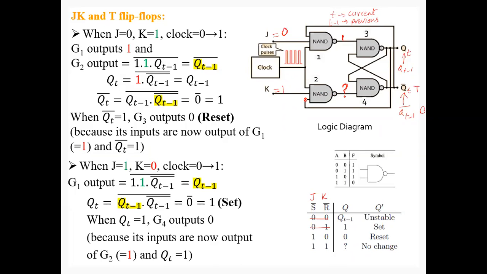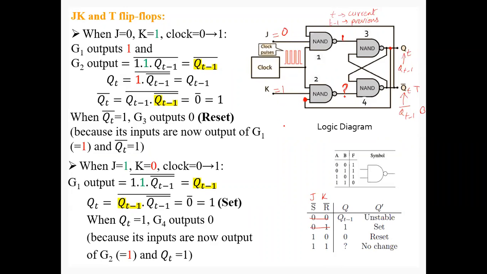So what should be here? Should I write QT minus 1 or QT? See, it is coming from here, right? This guy is coming from here. This guy is that guy. So what is this? QT or QT minus 1? QT minus 1.